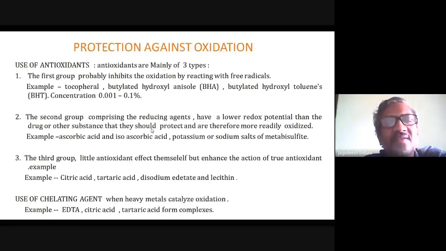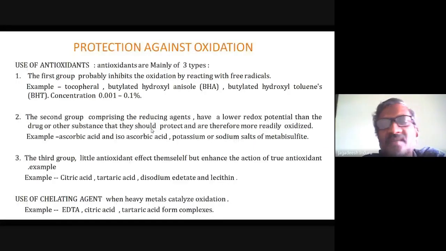What will happen? They will be more prone to getting oxidized when compared to your drug, because whatever oxygen is available, they will get oxidized first, and the drug will be involved later because it is less prone to get oxidized. So first the ascorbic acid gets oxidized.